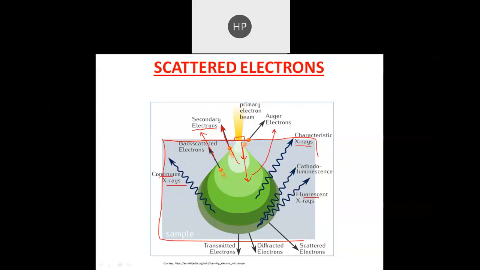Then we have backscatter electrons, and based on the further transformation of the electrons, we have characteristic X-ray, fluorescent X-ray, continuum X-ray, and then some will be transmitted, scattered, and diffracted. So this is the transmission or scattering of the electrons in the specimen.